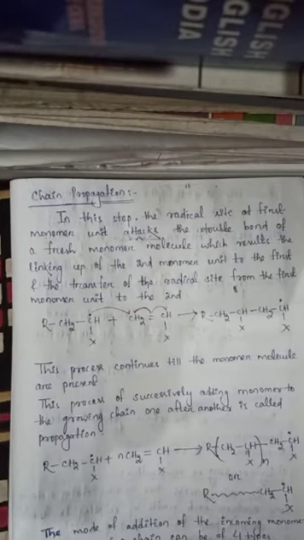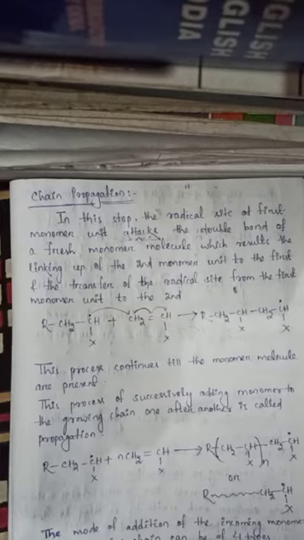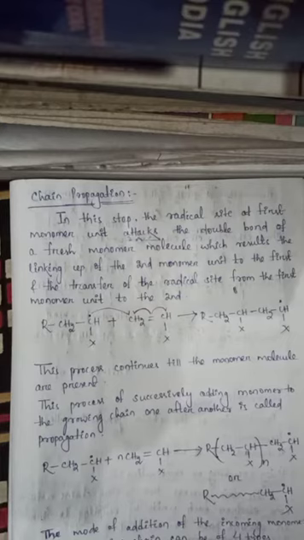In this step, the radical site at the first monomer unit attacks the double bond of the fresh monomer molecule, that is the second monomer molecule, which results in the linking up of the second monomer unit to the first and transfer of the radical site from first to the second monomer unit.